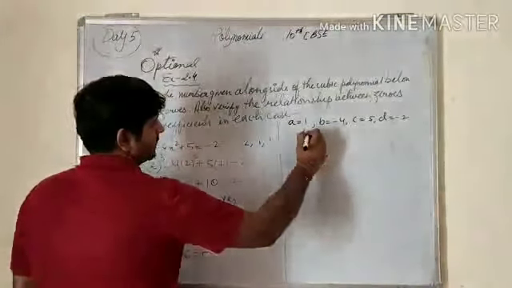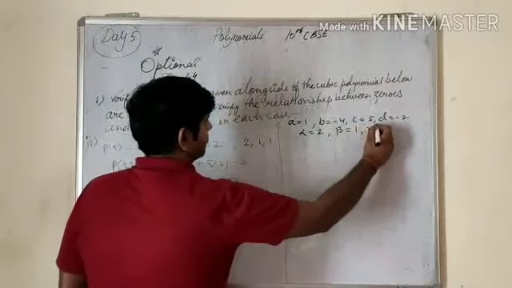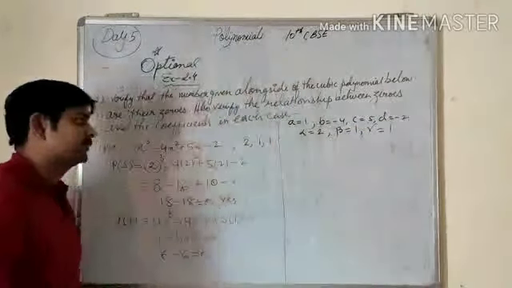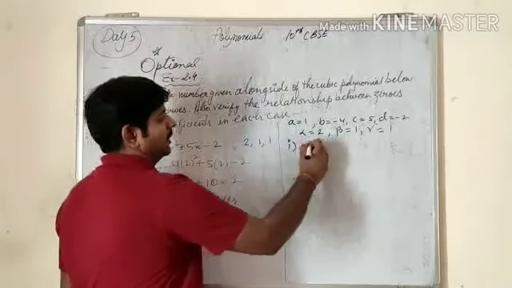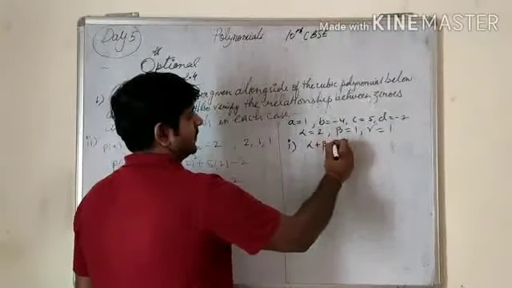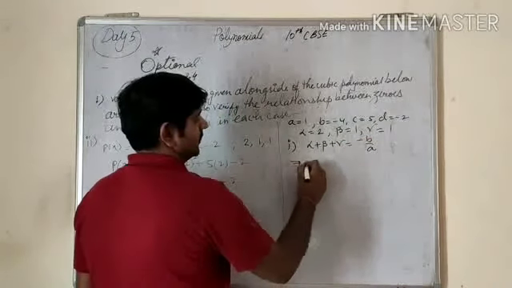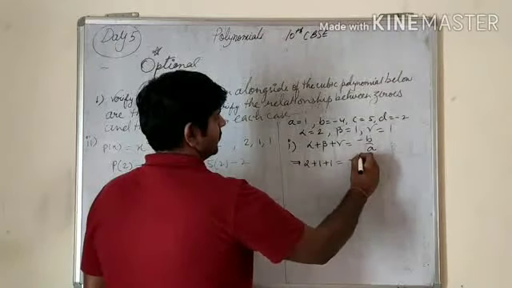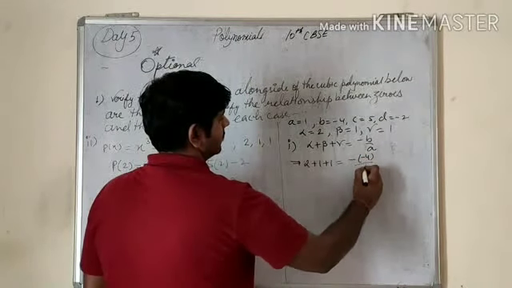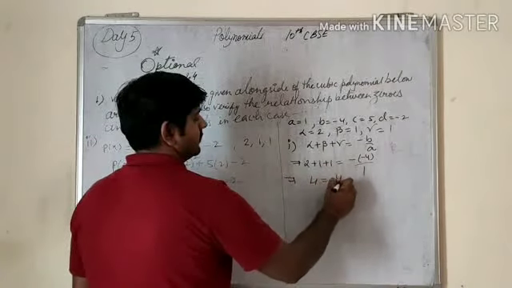Alpha is 2, beta is 1, and gamma is 1. First relation, alpha plus beta plus gamma equals minus b upon a. 2 plus 1 plus 1 equals minus b upon a, and b is negative 4. So it is 4 equals 4.